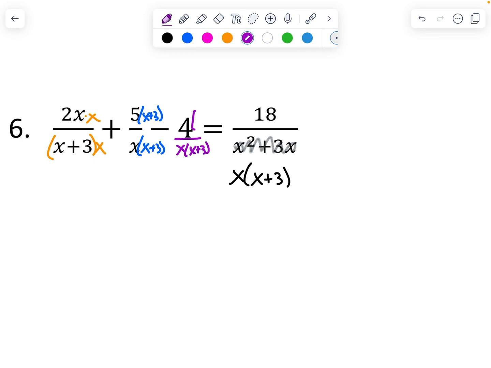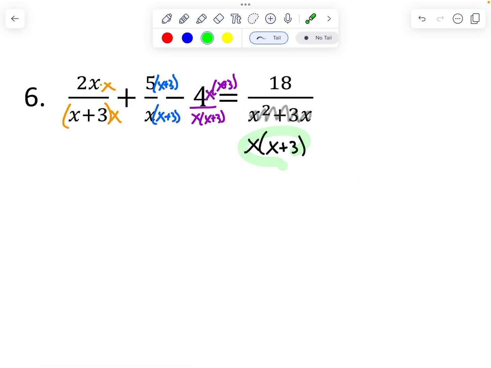So x and x plus 3. So this is like a 4x when I distribute it. Actually, it's going to be a negative 4x when I distribute it. And the 18 needs nothing, so that stays the same because it already has the whole denominator. So now we take the orange here, and you get 2x squared from the top because of this x times x.